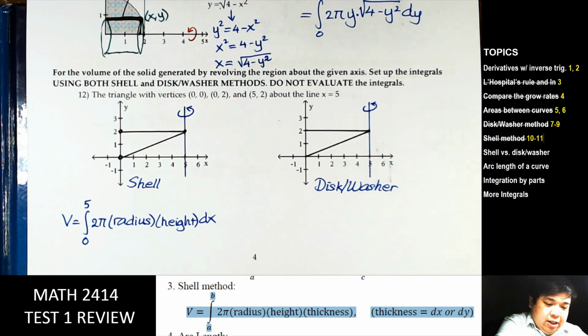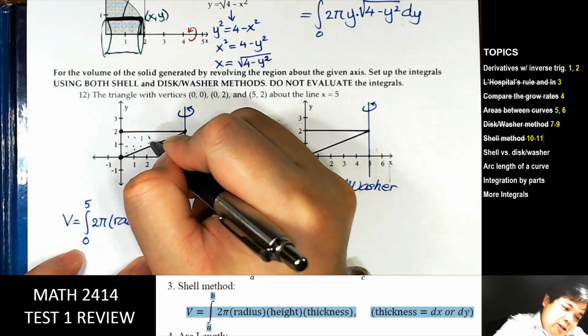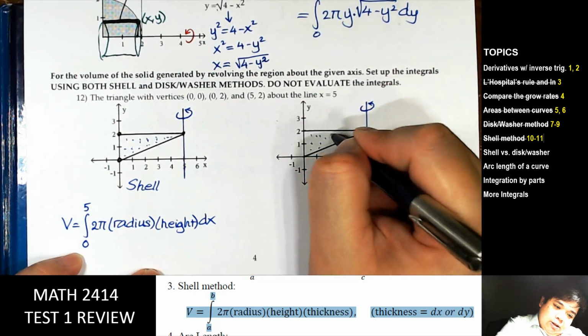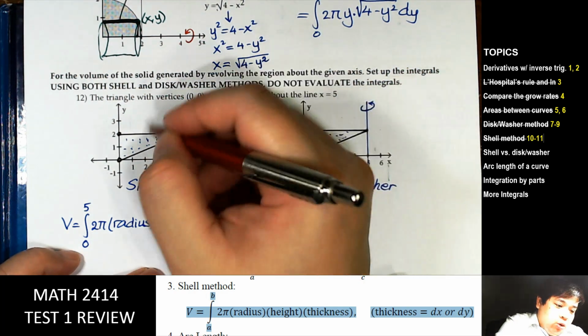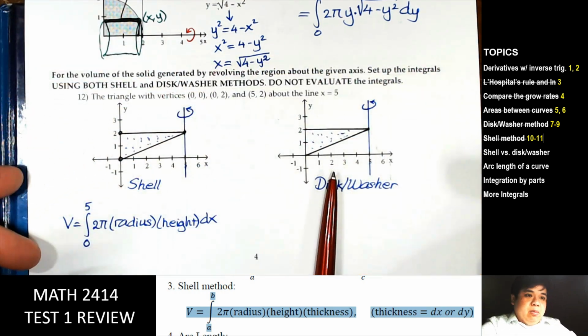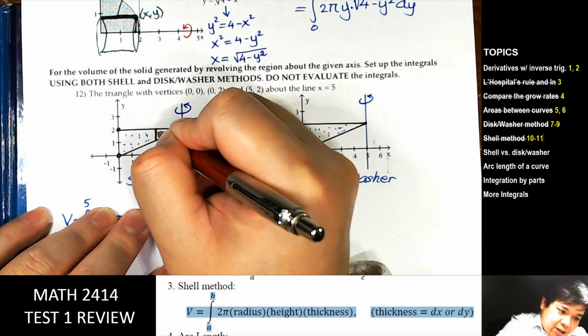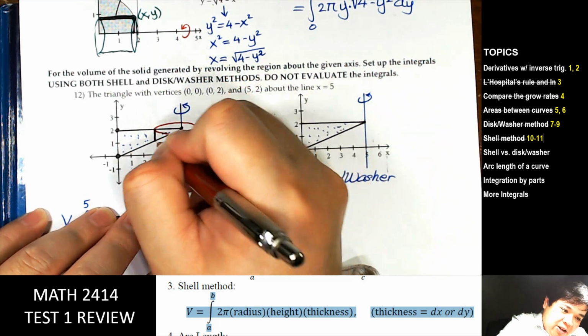Now the radius. Interesting here, we have to draw. This is the region. Right, axis of rotation. Now we rotate like this. We're going to have a shell inside, and then just get bigger and bigger. So we have a shell, kind of a cylinder like this.